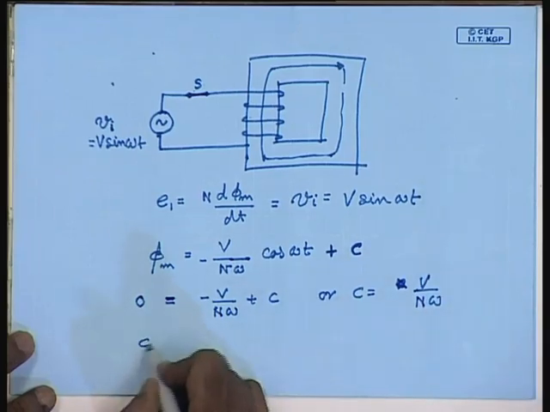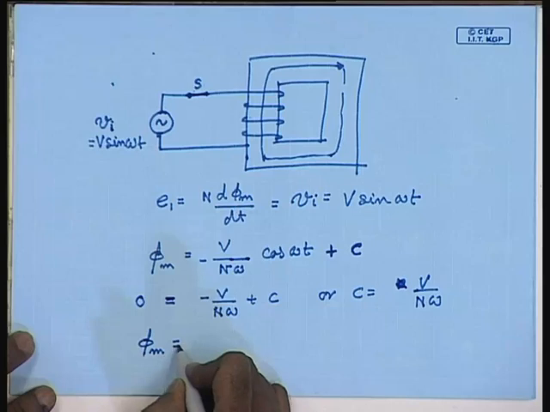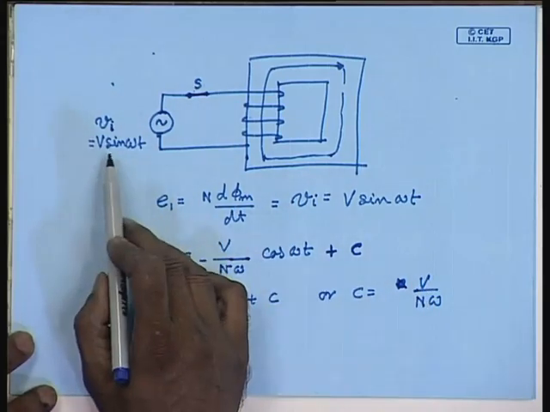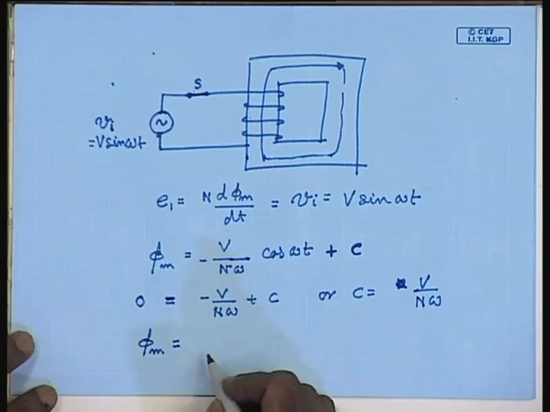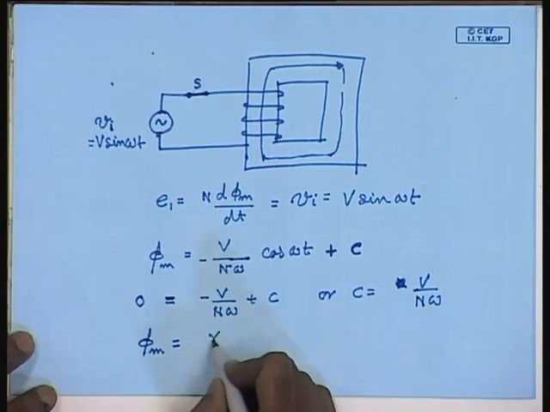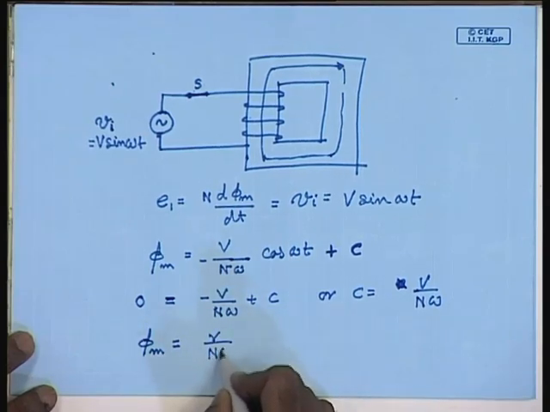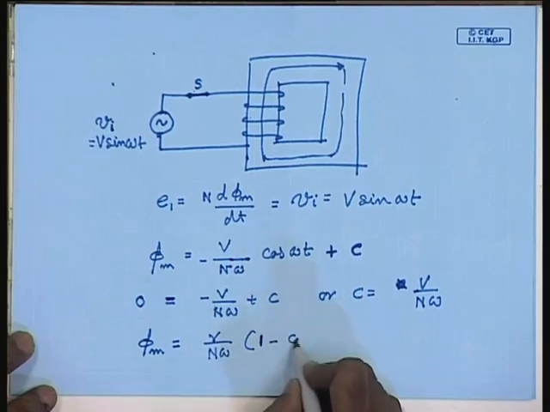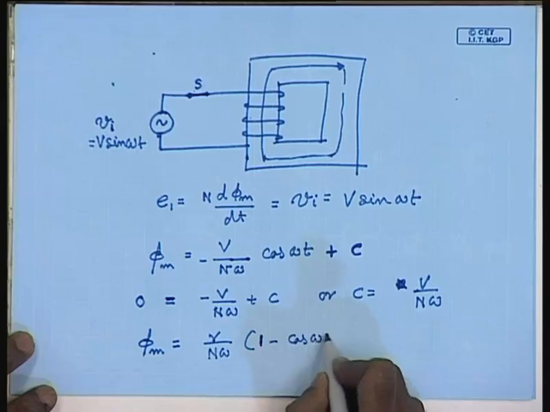Therefore, assuming at t equal to 0 the voltage was 0, phi m will be V by N omega times 1 minus cosine of omega t.